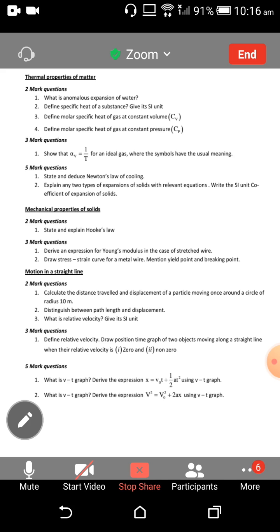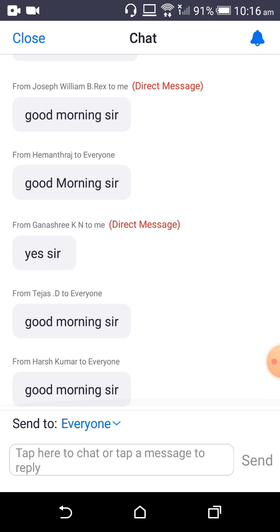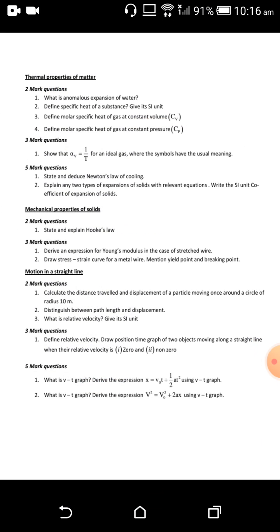Okay, so the next is regarding molar specific heat of a gas at constant volume. How are we going to define that? First I'll come to molar specific heat of a gas at constant volume.